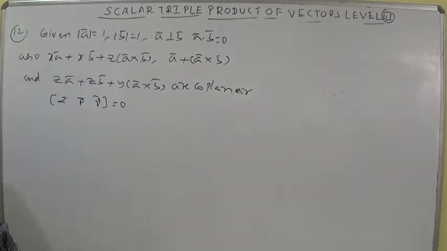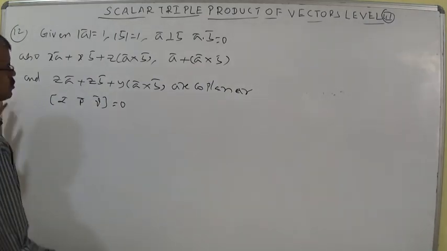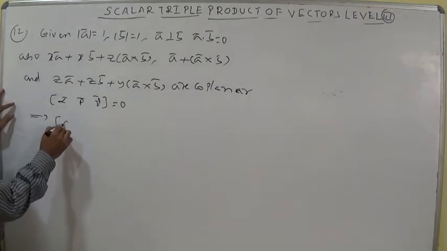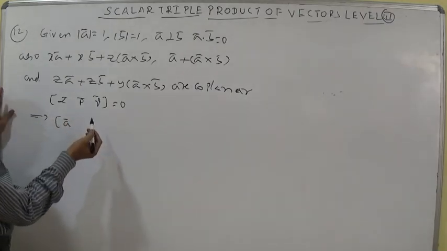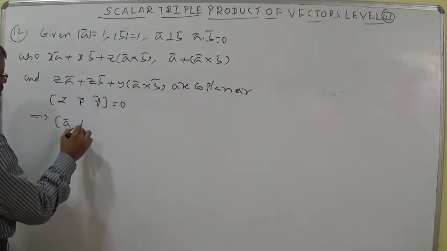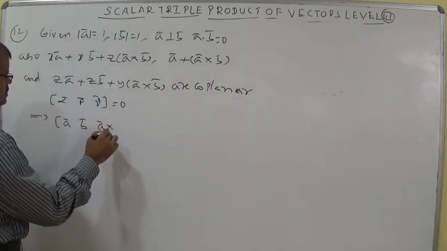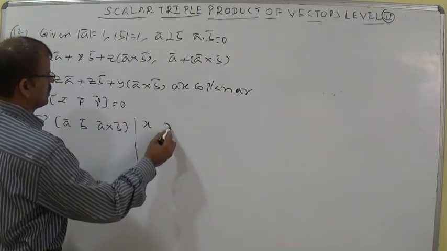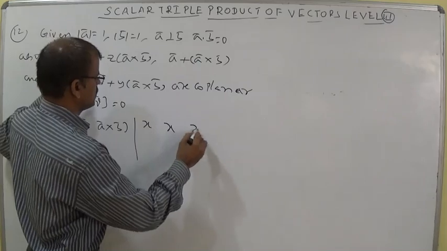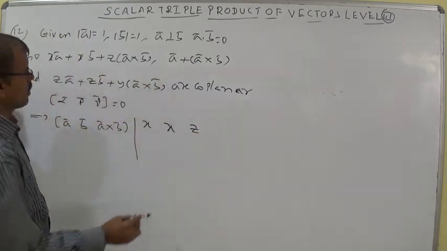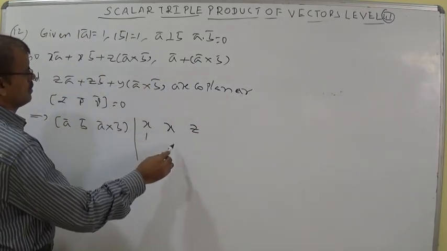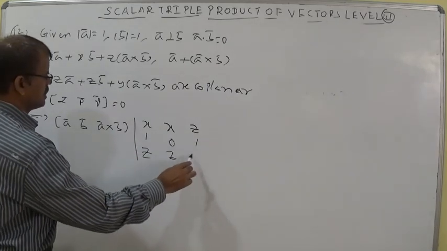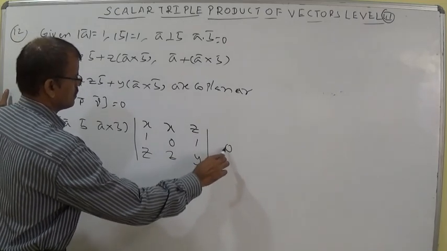So we can use the determinant. While calculating the determinant, we can take common box ABC. C is not there, so here you can write box A, B, A cross B. Here X, Z; here 1, 0, B is not there; this is 1 coefficient; this is Z, this is Y, equal to 0.